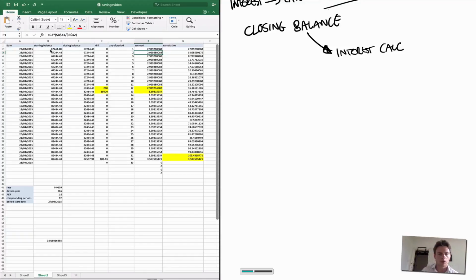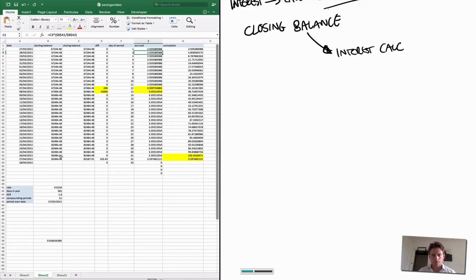Let's have a look at what this calculation is. It's the closing balance, C3, the balance at the end of the day, multiplied by B41, which is the interest rate, divided by B42, which is the number of days in the year.